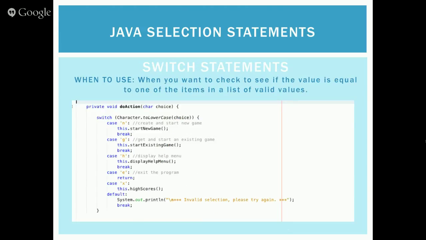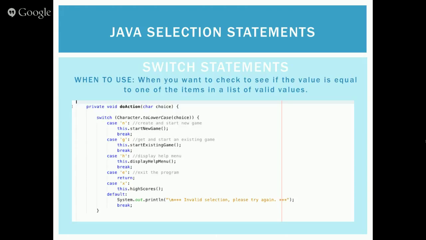And then switch statements are for when you want to check to see if a value is equal to one of the items that you have in your list. We've used these a whole lot in our game for menus. In this case, if they specifically put in N, G, H, E, or X, it will take them to specific things.